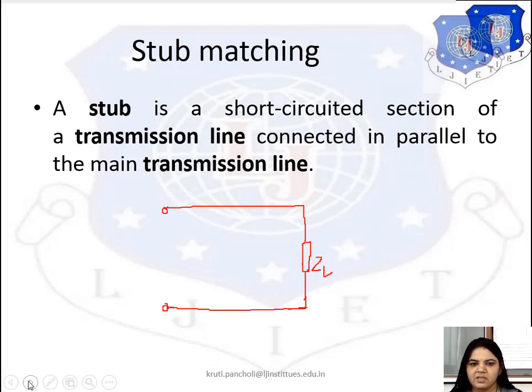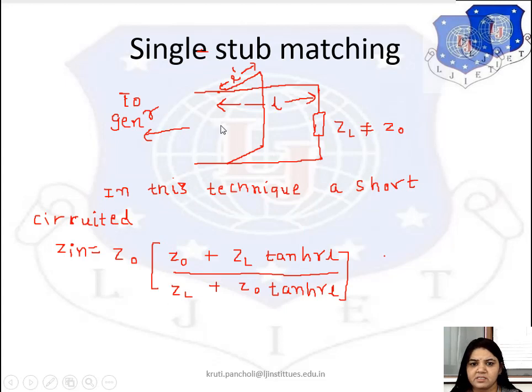To match the impedance, the stub is required. In the diagram, the stub is the parallel short-circuited wire which is connected at a point at distance L from the load end, and the length of the stub is L dash.